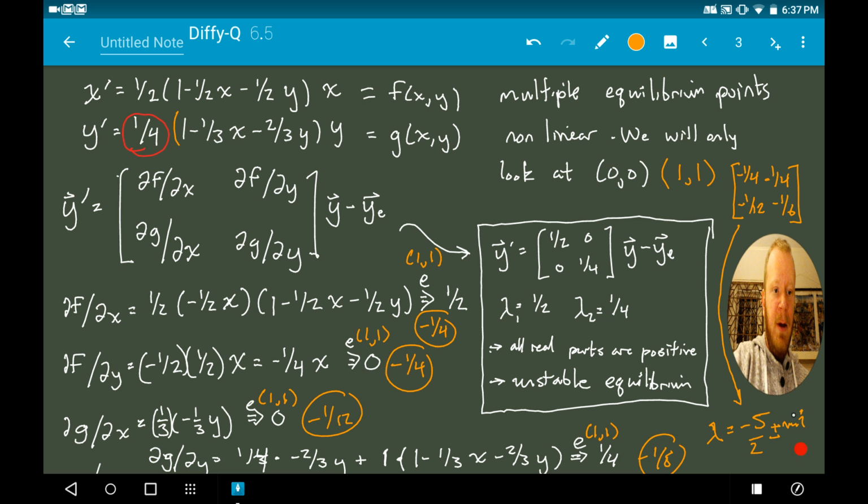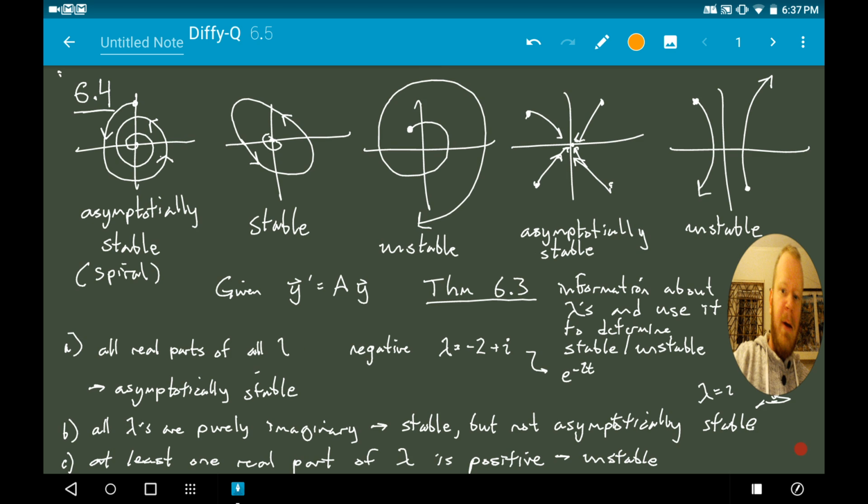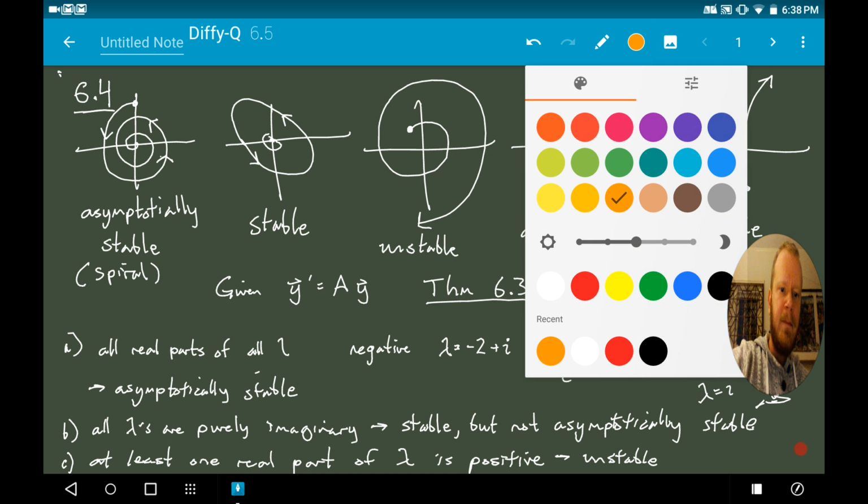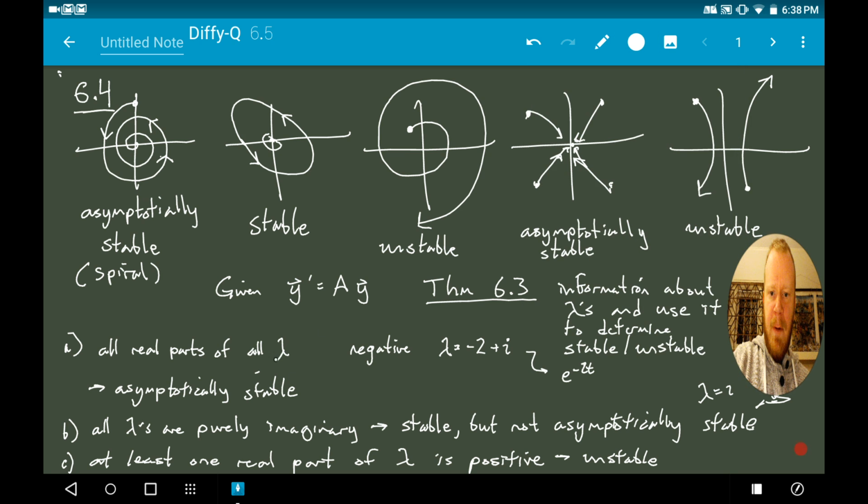So negative 5/24 plus or minus some imaginary part. And the fact that the real part of it is going to be negative on both of them means that for this one it's going to be asymptotically stable, right? So if we look at the previous information here, if all the real parts of lambda are negative, which is the case with that orange example, then it's asymptotically stable.